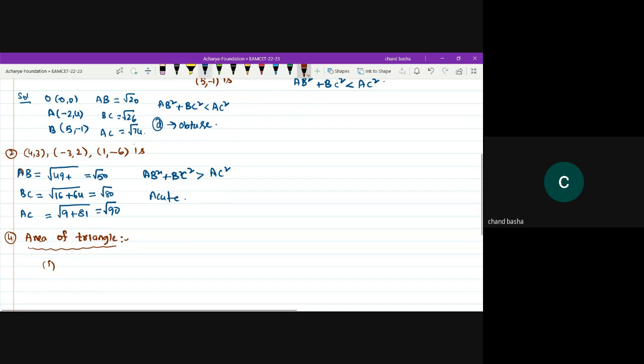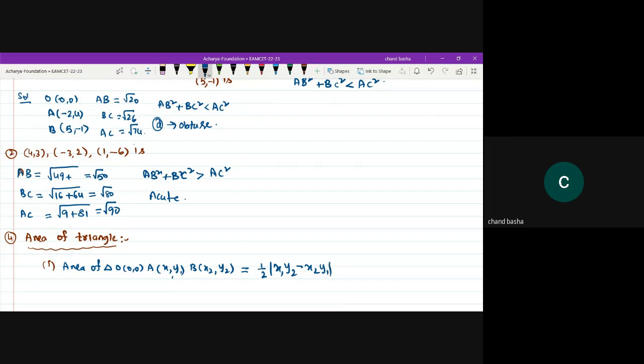First one, area of the triangle with vertices O(0, 0), A(x1, y1), B(x2, y2). When one vertex is the origin, it's the simplest format, that is x1 y2 minus x2 y1.